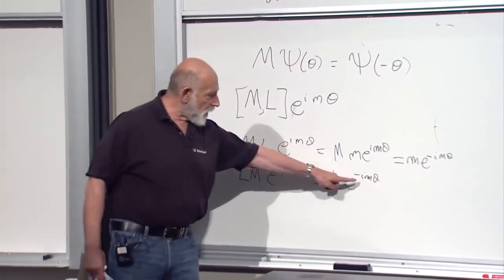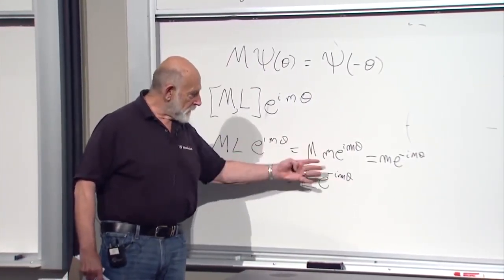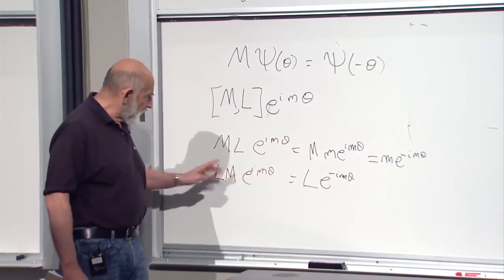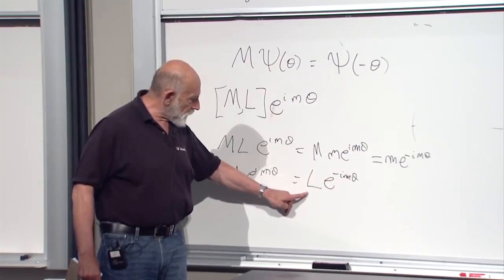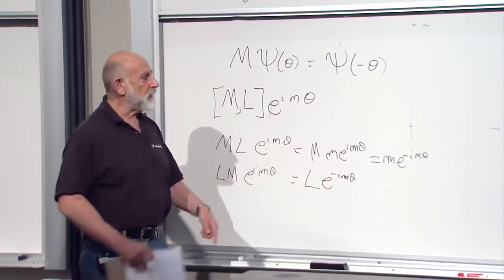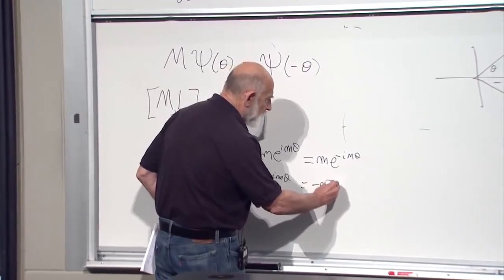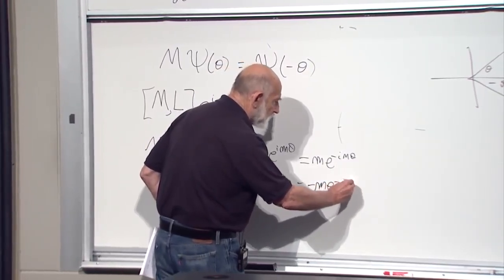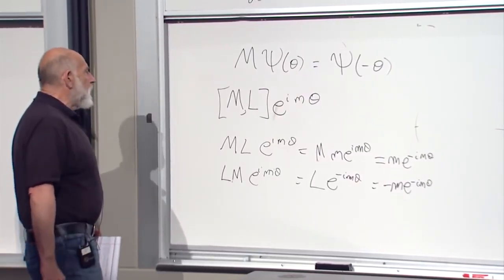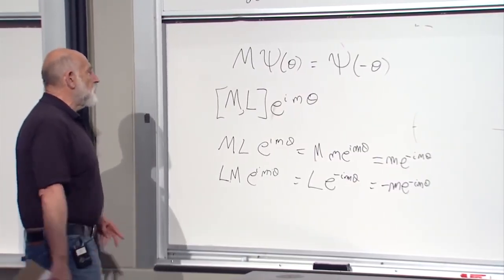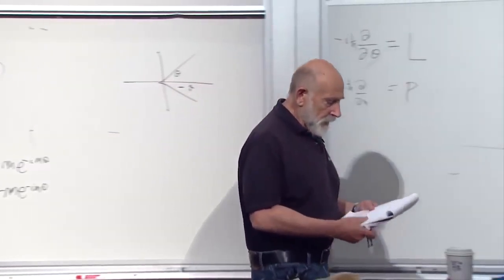It brings down a minus m. By reflecting, we've changed the sign of the angular momentum, so the angular momentum operator gives us the minus of what it gave before. It gives us minus m e to the minus i m theta. So the answer is that M and L, angular momentum and the reflection operator, don't commute with each other.